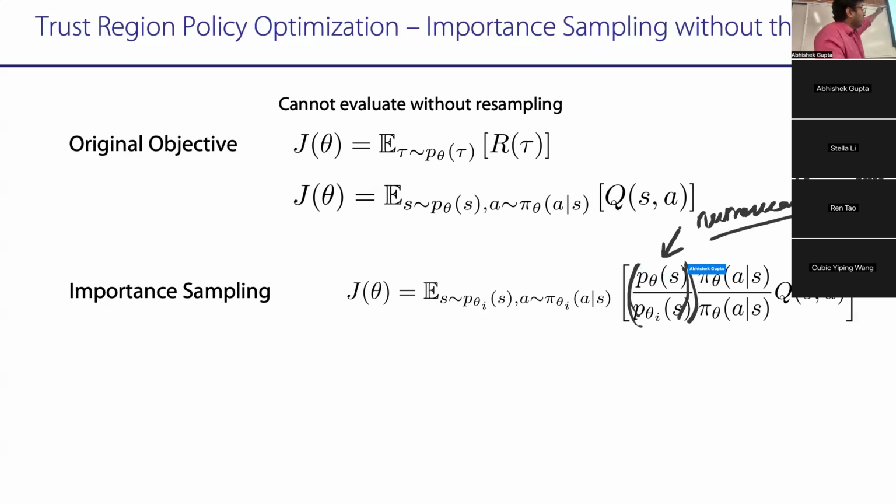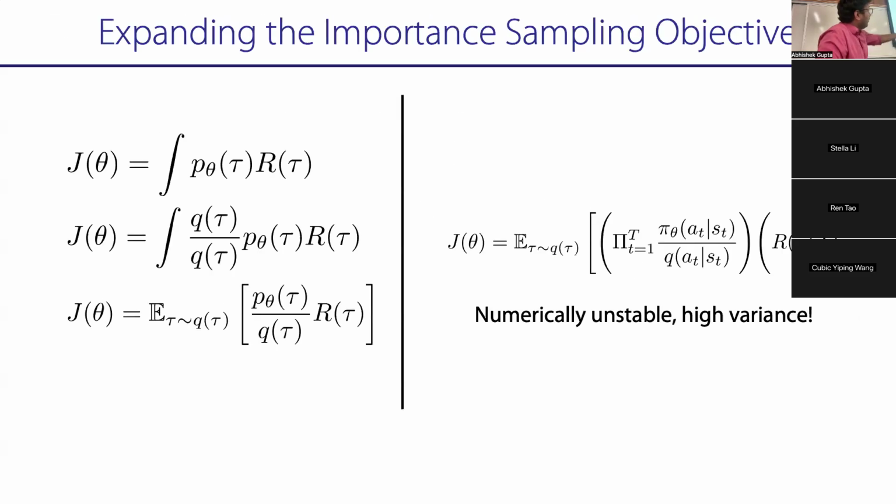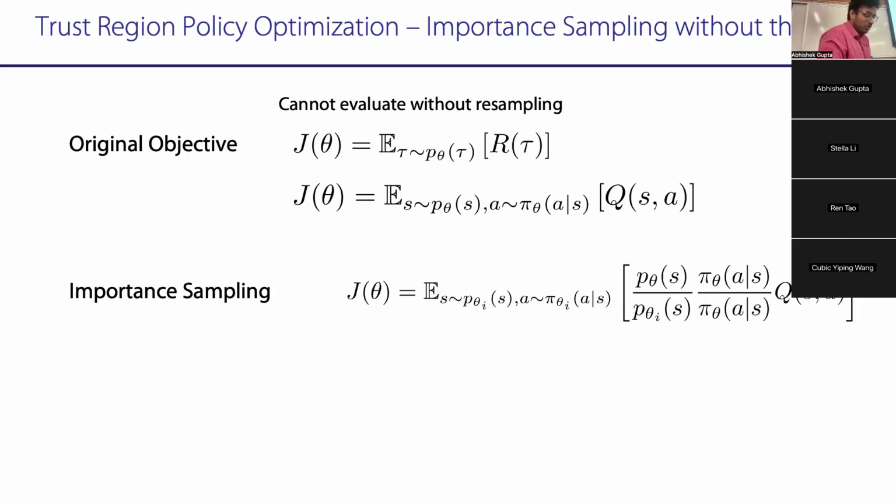The p theta themselves are the product of a bunch of likelihoods, which means this ratio is numerically unstable again. All we did was rewrite the last slide in stationary distribution form, but the issues don't go away. They still show up here. So we did importance sampling, but this thing is unstable.